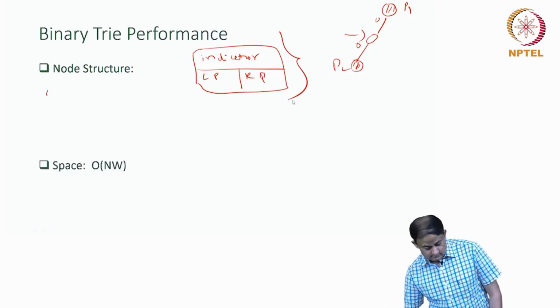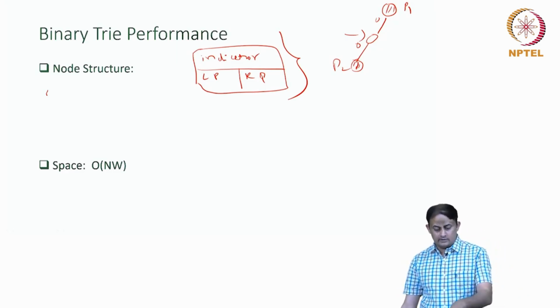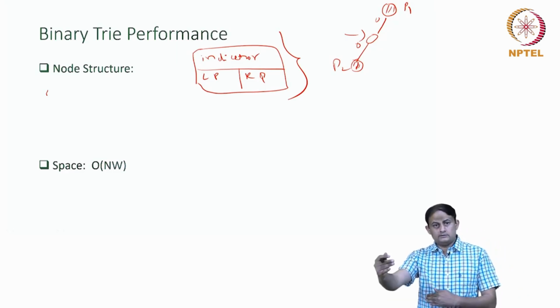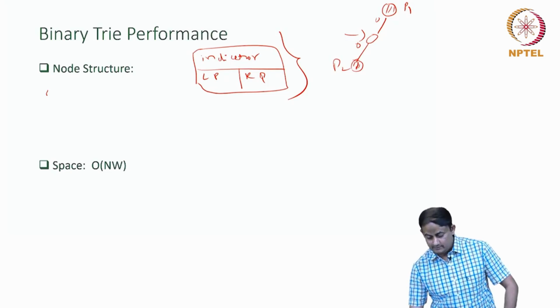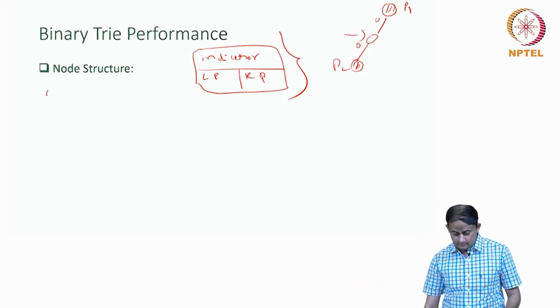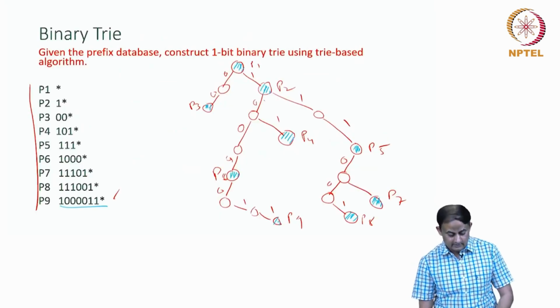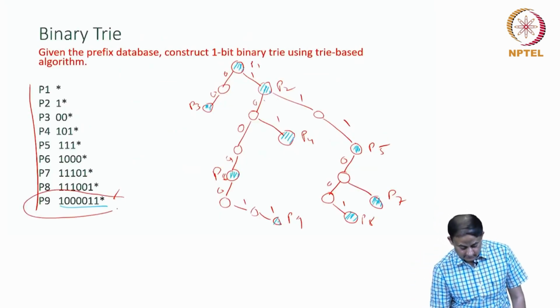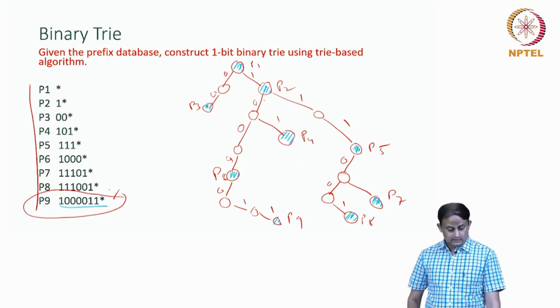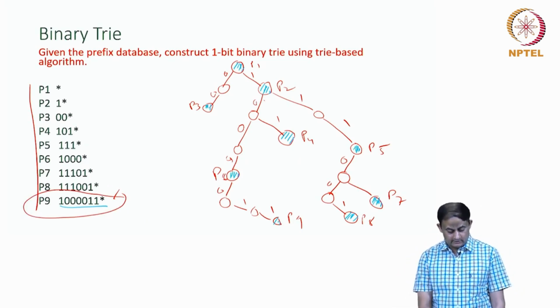And the space requirement is n times w, where w is the width. W is width, meaning the prefix which is of the longest length. So remember the prefixes are ordered in this increasing format. So here P9 has the highest length, and n here is 9 times whatever the width, here it is 7.